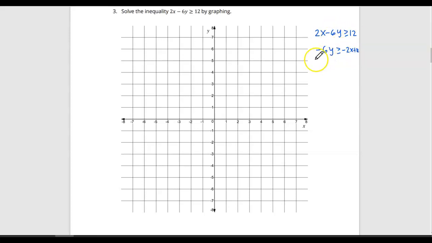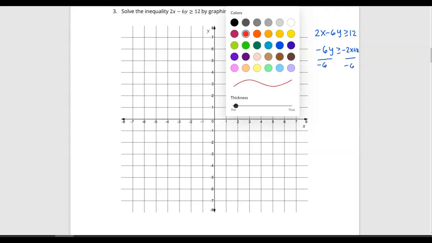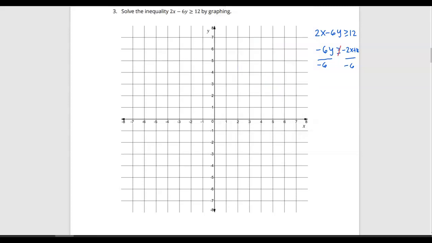Next, because you only want y, we want to divide all sides by negative 6. You have to be careful here because you are dividing both sides by a negative number. Because you are dividing both sides by a negative number, you make sure to reverse the inequality.